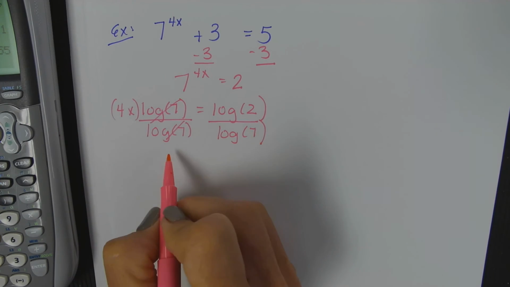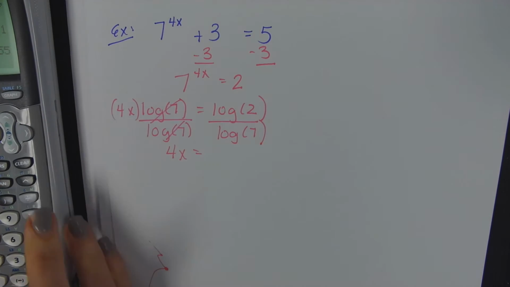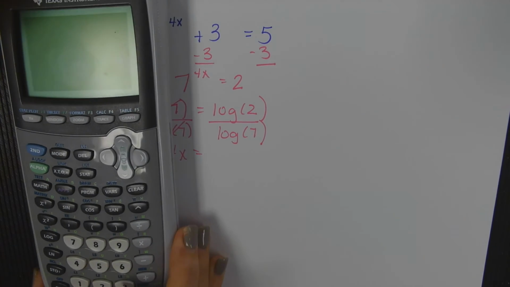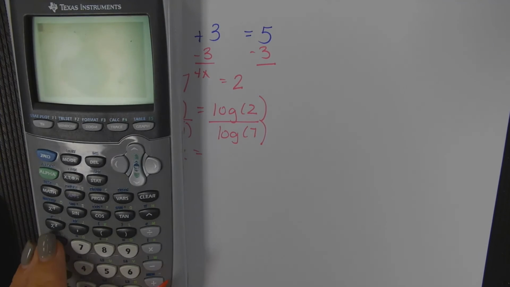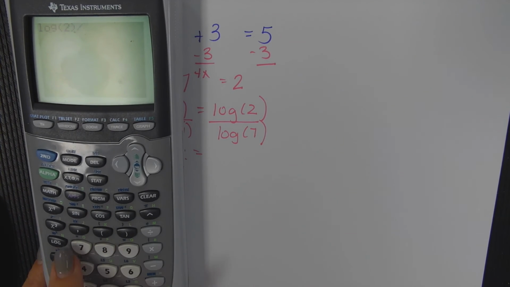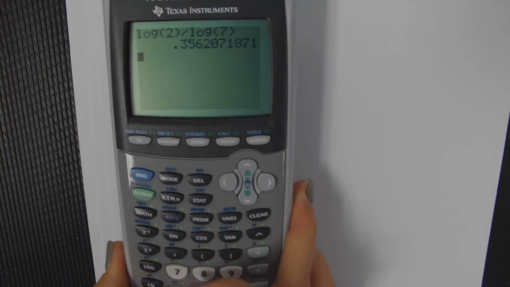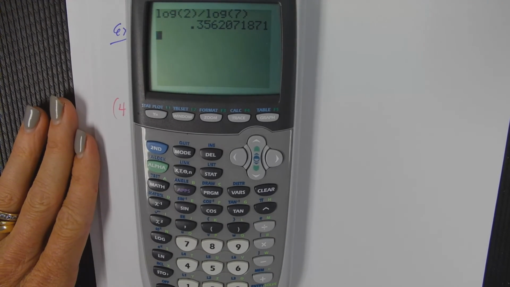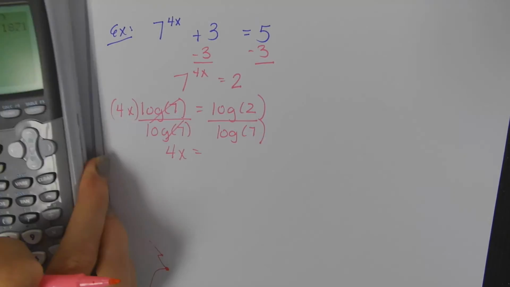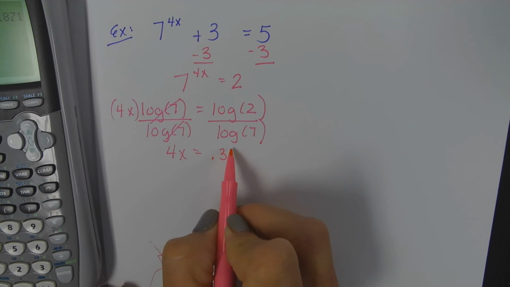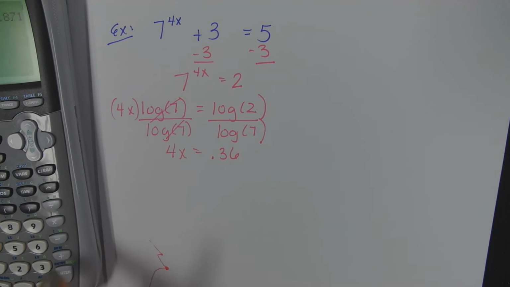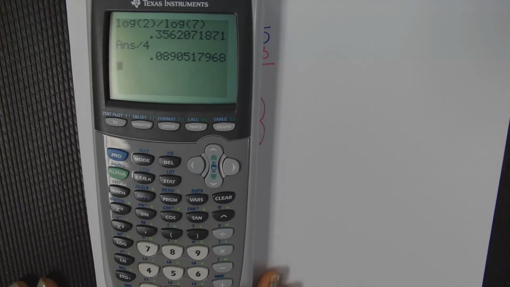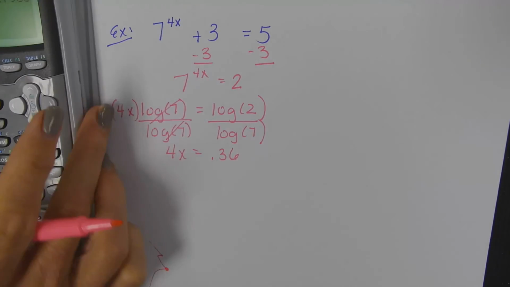Okay, that cancels. You have 4x equals log 2 divided by log 7, and you get this, 0.36, right? And then you divide by 4. I'm going to say 0.09.